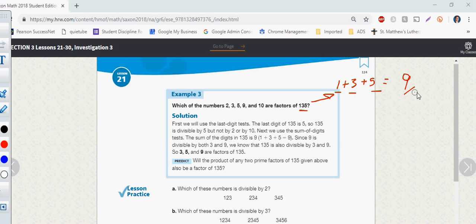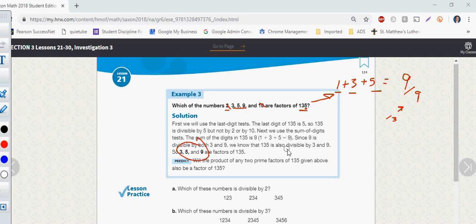Obviously divisible by 9, so that was an easy one. Also, if it's going to be divisible by 9, it has to be divisible by 3. What about 2? It doesn't end in 0, 2, 4, 6, or 8. But what about 5? Does it end in 5 or 0? How about 10? End in 0? So the answer is 3, 5, 9.